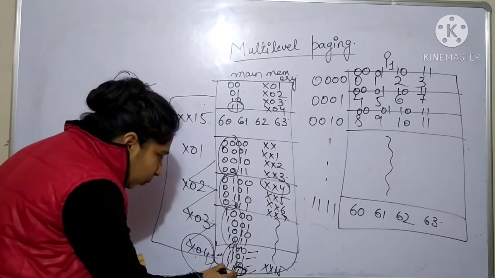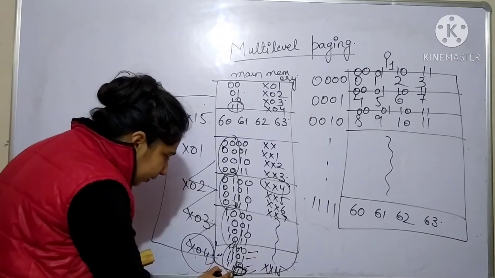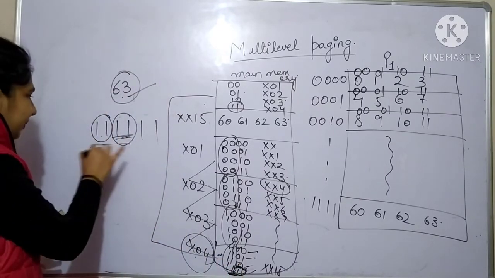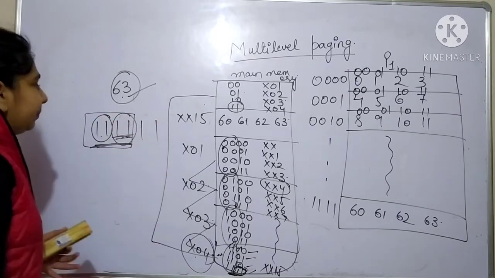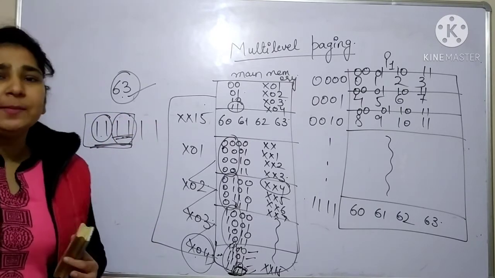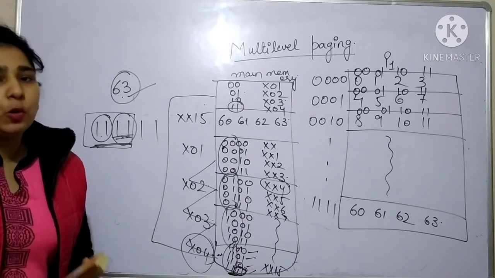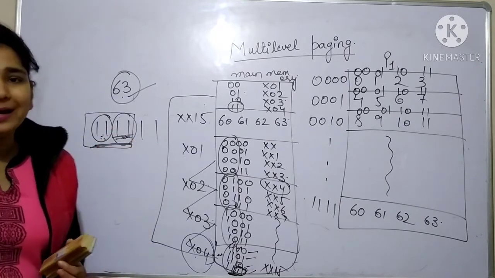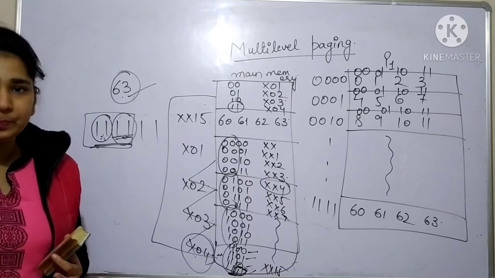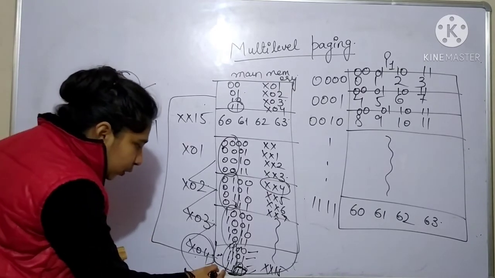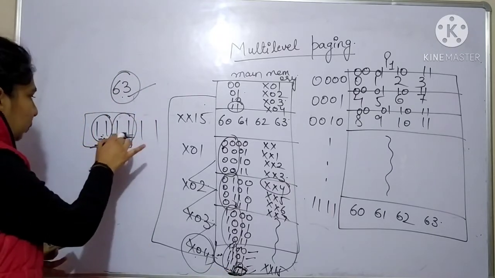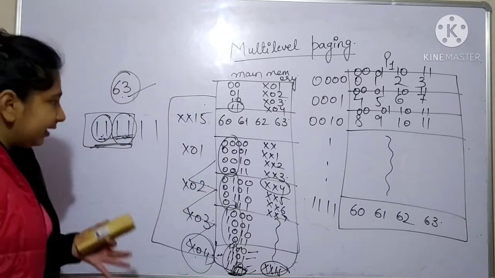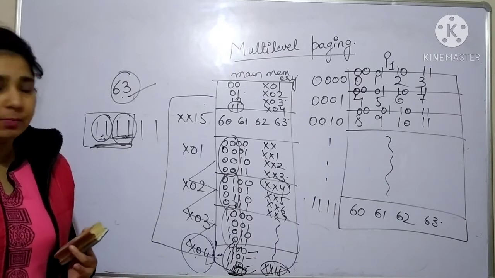If you want to go to this page number 1111, this is completely one page number, but just for simplicity, to reduce the total number of main memory accesses, we have divided it, because we have two page tables. So if you want to go to this page number 1111, you go to this memory location, this frame, and there you will find your instruction number.